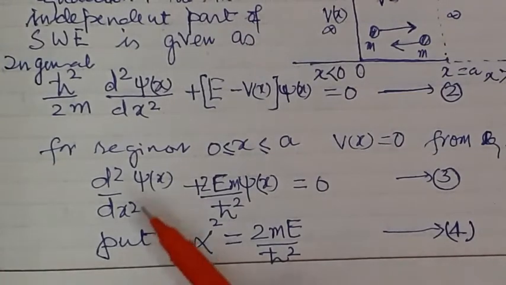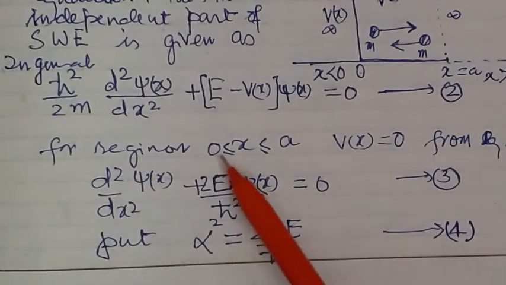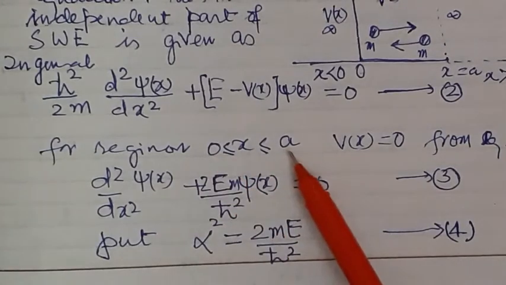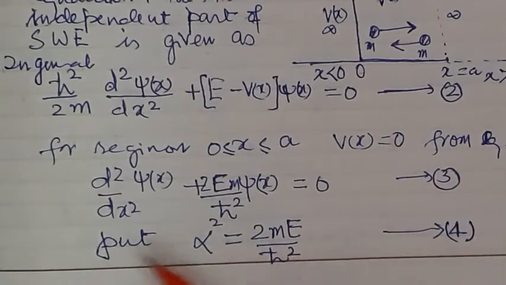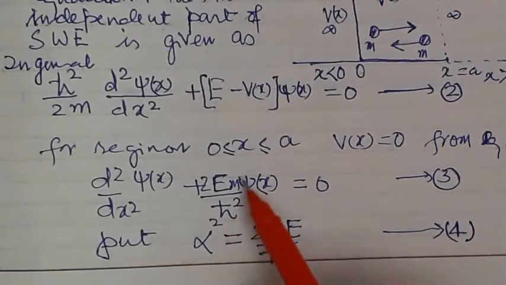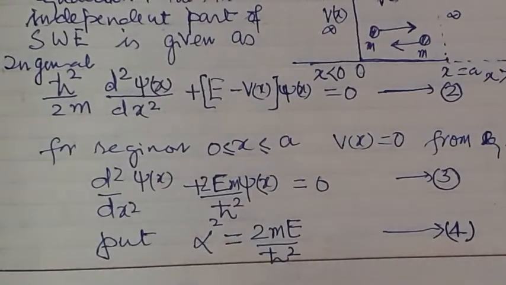But the particle exists only in the region between x equal to 0 to a, where the potential function is 0. So equation 1 becomes the second order derivative of psi(x) with respect to x plus 2mE over h cross square psi(x) is equal to 0, that is equation 3, where we consider alpha square is equal to 2mE over h cross square, that is equation 4.